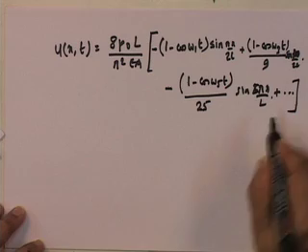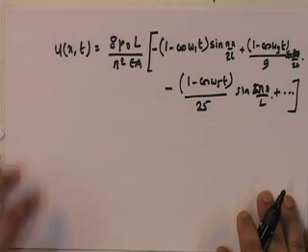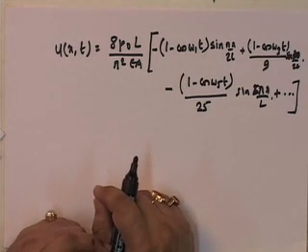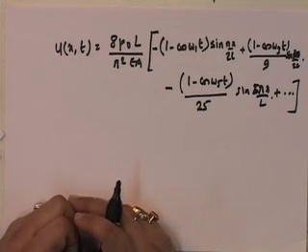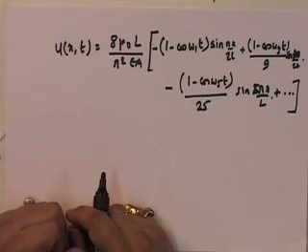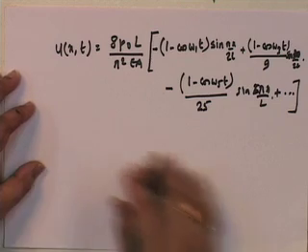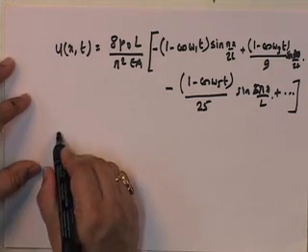So, these are my terms. I can rewrite this in the following format. So, this is u x of t, and now suppose I want to find out my axial force.